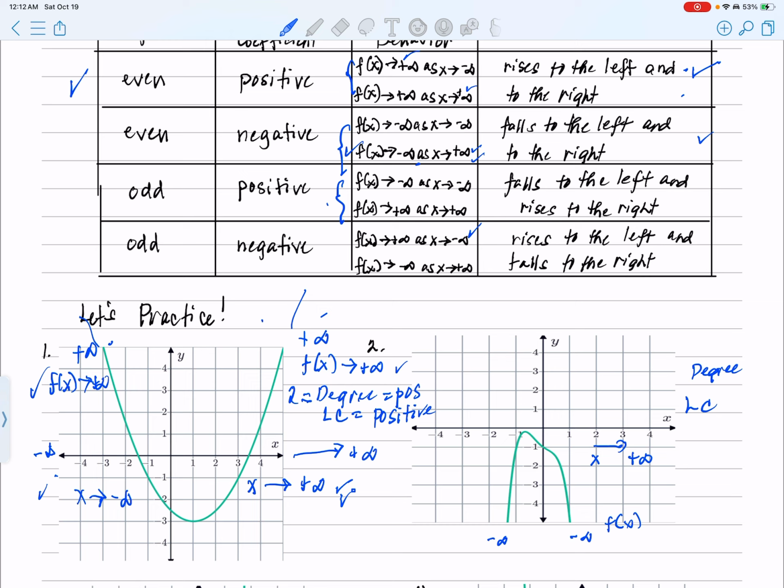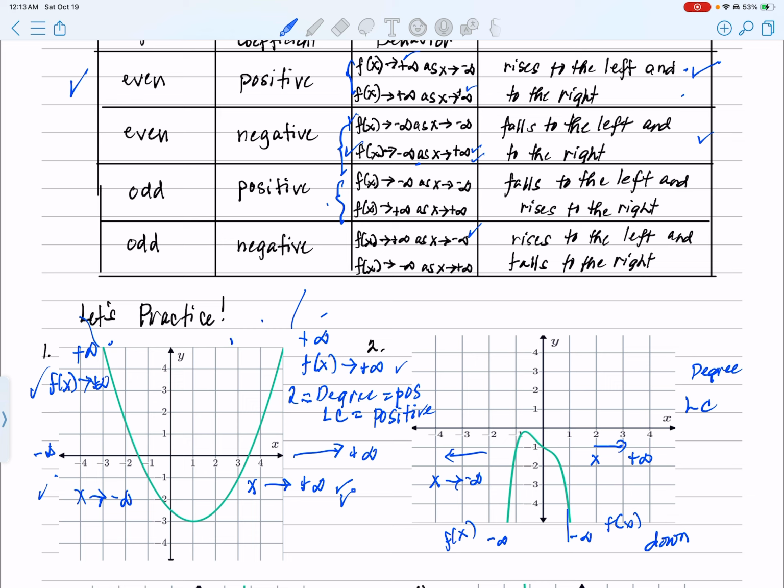Right here, as x approaches negative infinity, the function of x is negative infinity. Right there, negative, negative. Both fall, facing down.